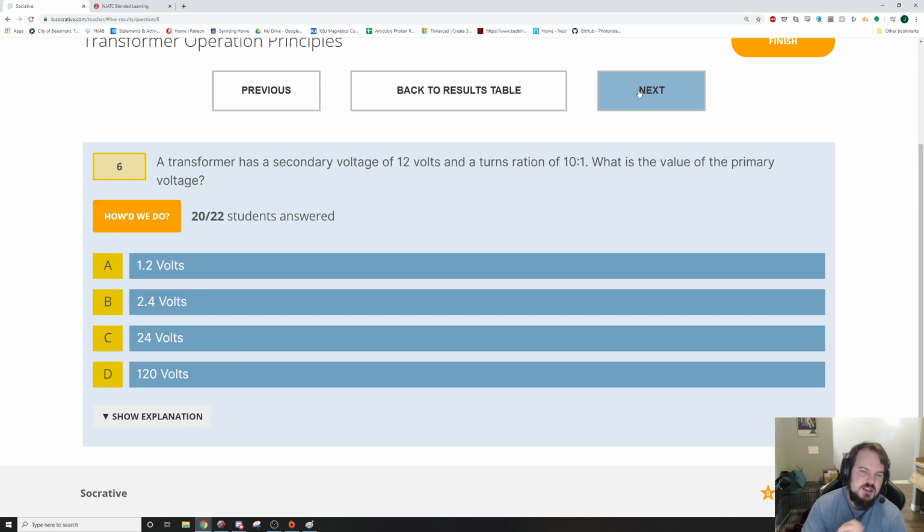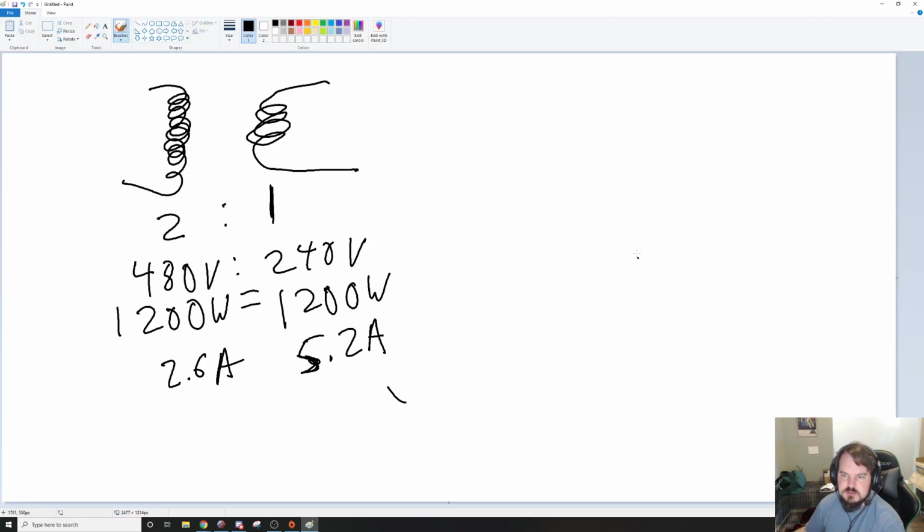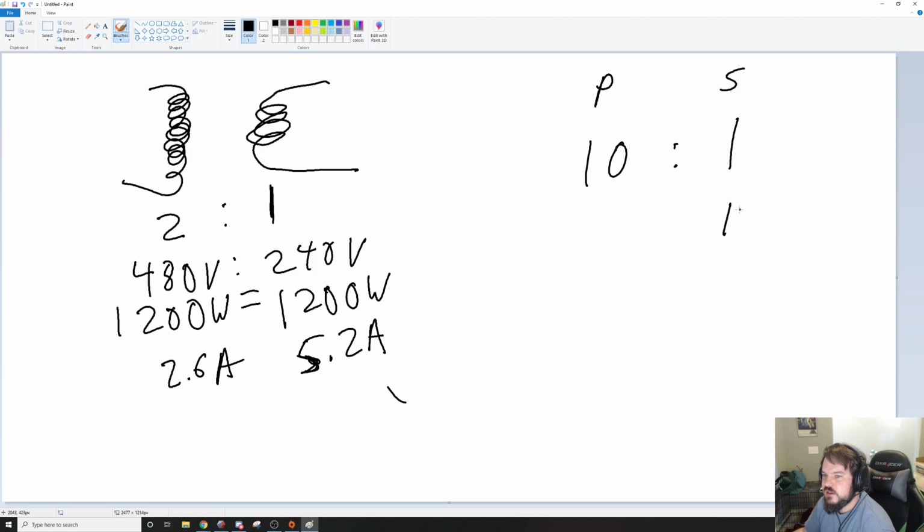A transformer has a secondary voltage of 12 volts and a turns ratio of 10-to-1. What is the value of the primary voltage? So what this is saying, it's 10-to-1, this is primary and secondary, and the secondary is 12 volts.